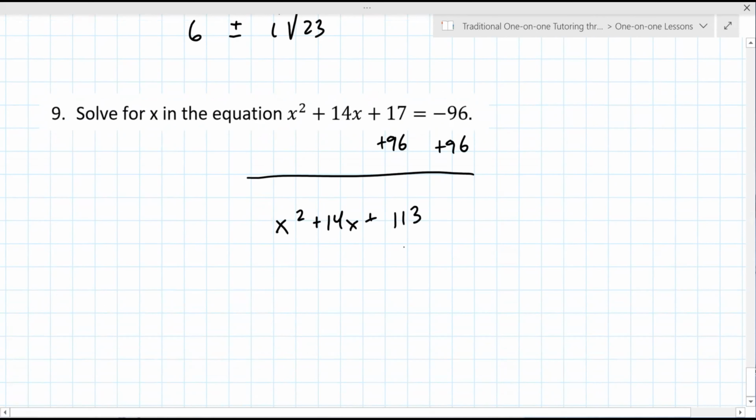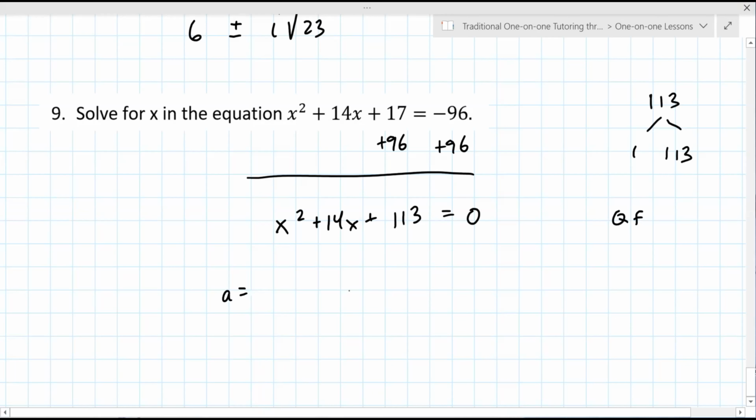And 113 is not a perfect square either. 113 is a prime number, so the only two things that multiply to 113 are 1 and 113, and neither of those add up to 14. So that's what you're left with: the quadratic formula.